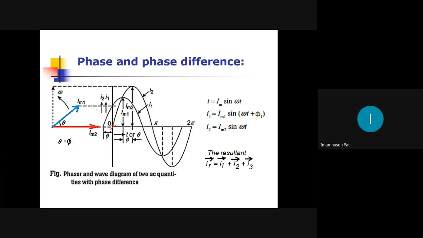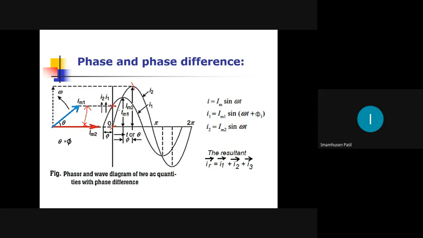Can you see the value here at the zero crossing point? I1 is this much, from here to here, because I1 has started earlier. This is the value. After 90 degrees, I_m2 will become maximum here.